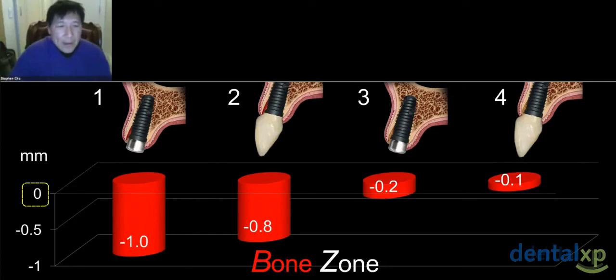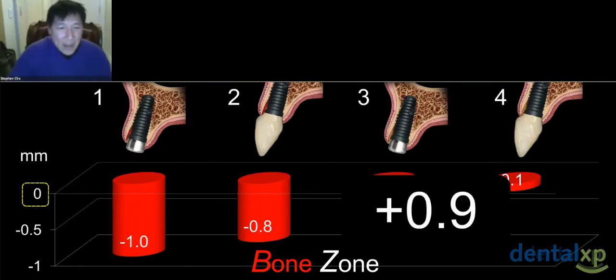Now, if you place a bone graft in, you're really talking about a difference of almost a millimeter, meaning you gained a millimeter below the head of the implant, or that the ridge is collapsing a millimeter less. And that's a big deal. Having a millimeter less collapse, or a gain of a millimeter in buccolingual dimension in the bone zone, is a very big deal.